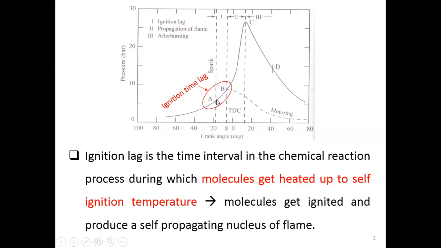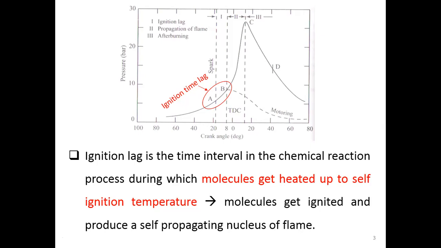The time between A and B is the time interval for this ignition lag stage to happen, equivalent to the distance that the crank angle travels. So during the ignition lag stage, what happened?